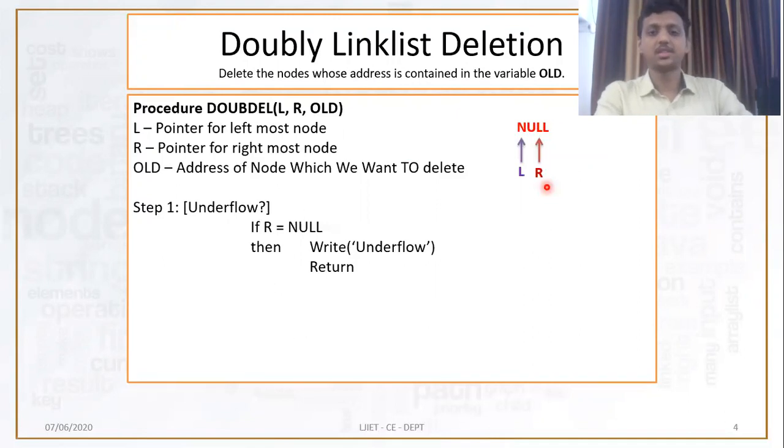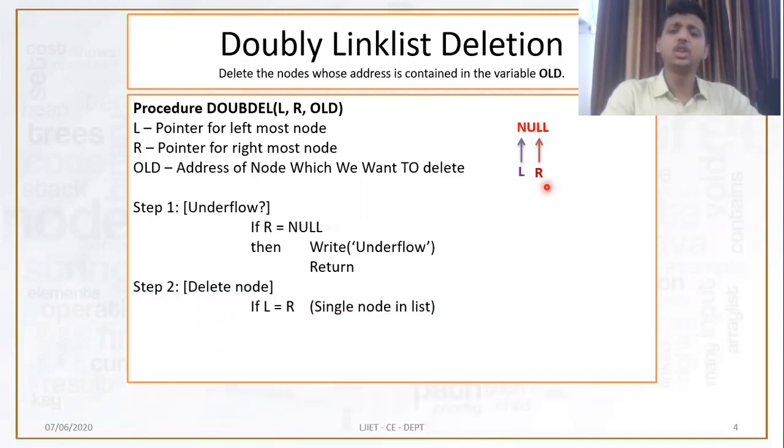Next, delete a node. The first scenario in the deletion is that only one node exists in the doubly linked list. If only one node is there, then LPTR of this node is pointing to null and RPTR of this node is pointing to null.